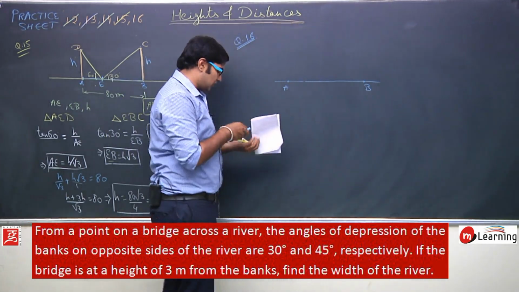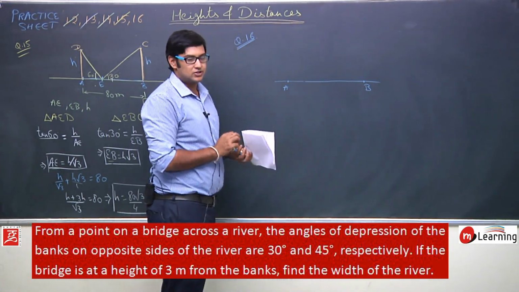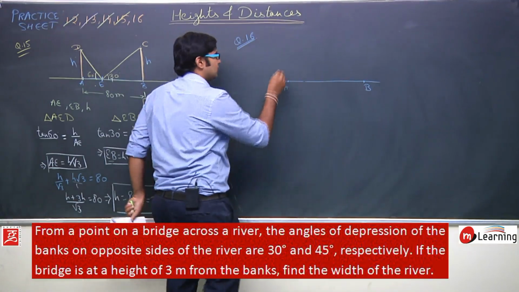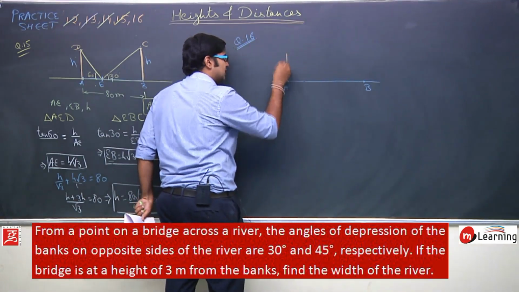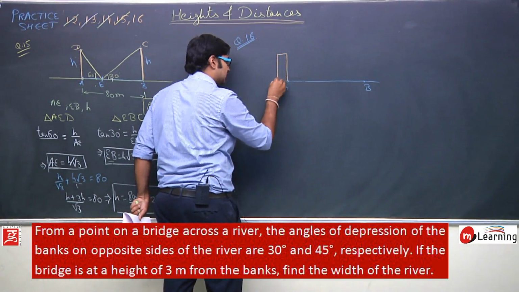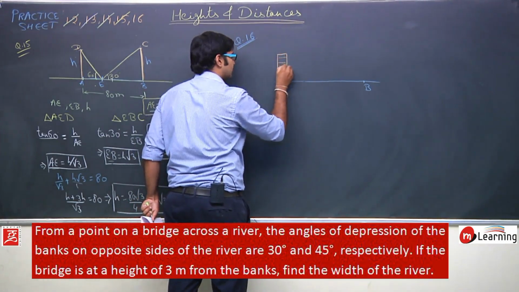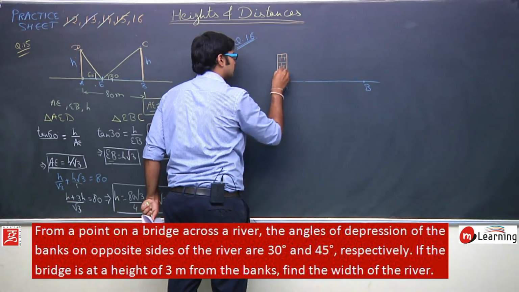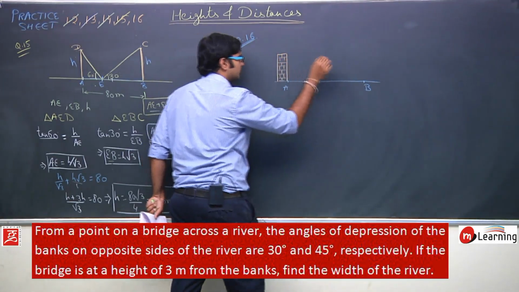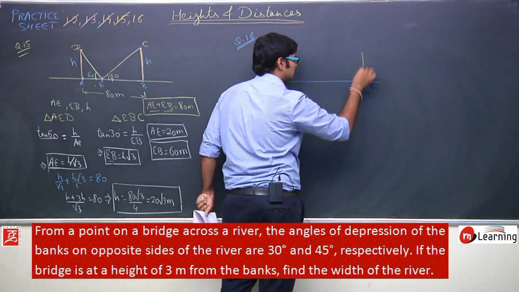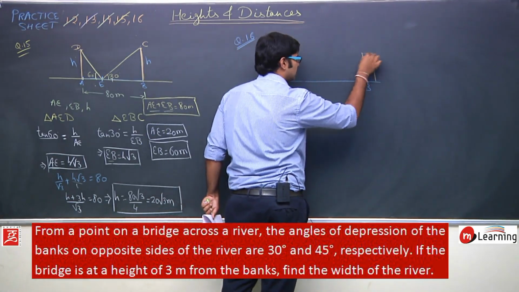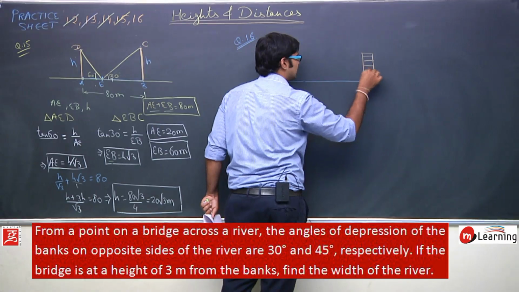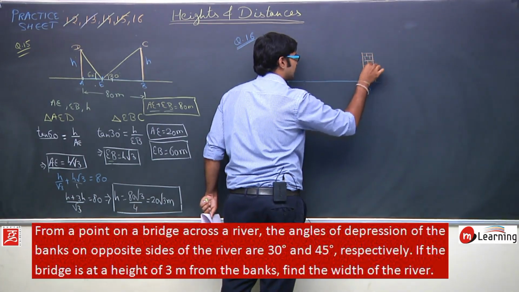Then if I draw the river bank, there is a bridge on this. So how is the bridge made? It looks something like this, like this, and here is another. These are the two towers on which the bridge is standing.